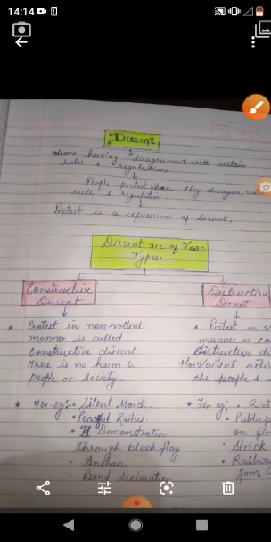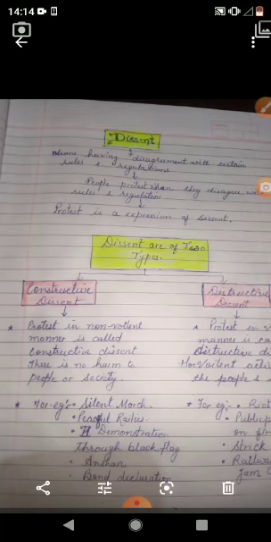By the name itself you can understand, constructive means where things go in a positive manner, and destructive means in a negative manner. So if we want to define constructive dissent, we can say that protest in a non-violent manner is called constructive dissent, where there is no harm to the people or society.